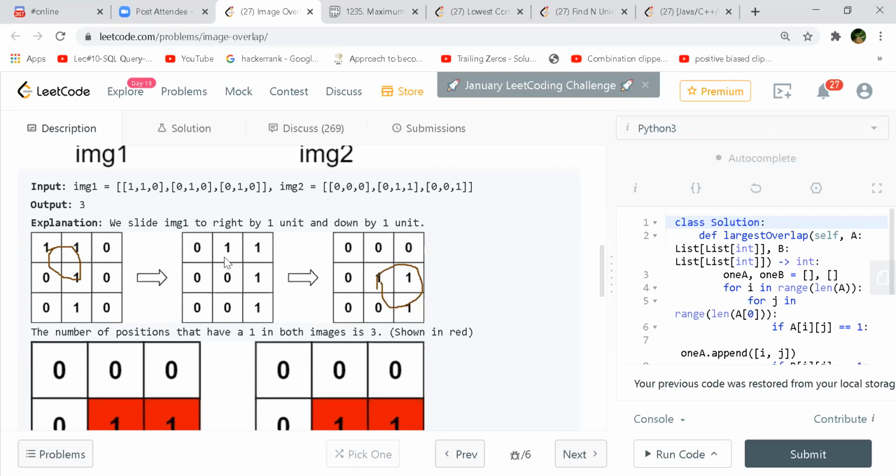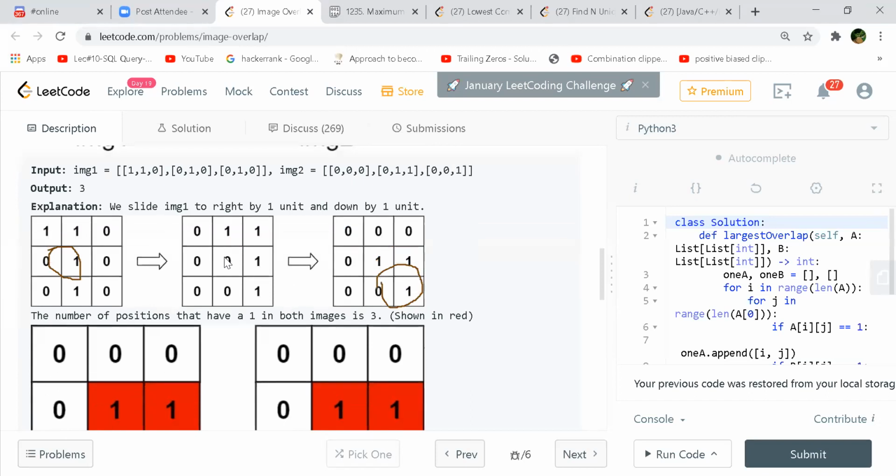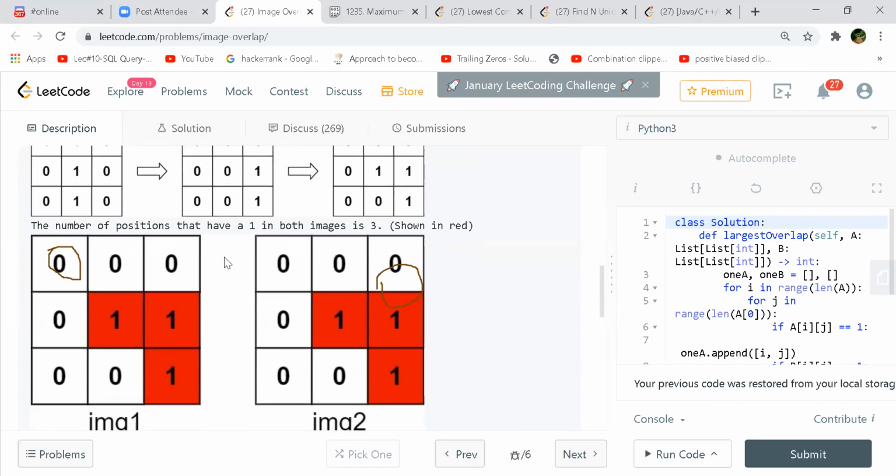So what would be the brute force? Brute force will be just to take the way he's explaining here, right? But you don't do it like he's doing it, move to the right and go down. Instead, you just move one row at a time, then keep on moving all the rows, or maybe when you move one row, then you move one column also, something like that.